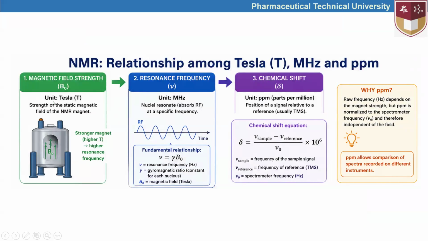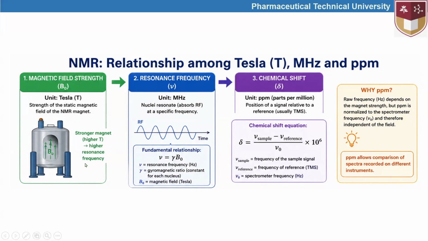Okay, here we can see that the magnetic field unit is Tesla. It is the strength of the static magnetic field of the NMR magnet. A stronger magnet leads to a higher frequency, and here we can see the radio frequency. You know, the frequency is the number of cycles of radio waves in one unit of time, per second, for example.